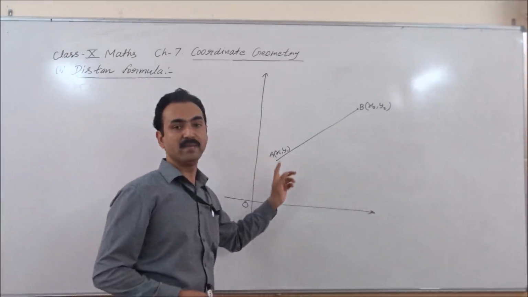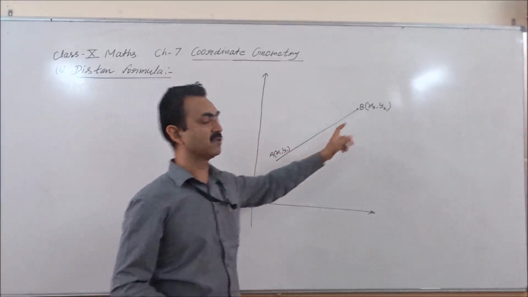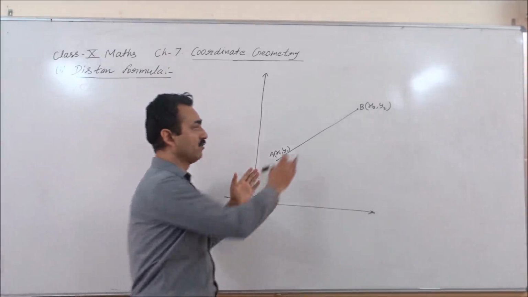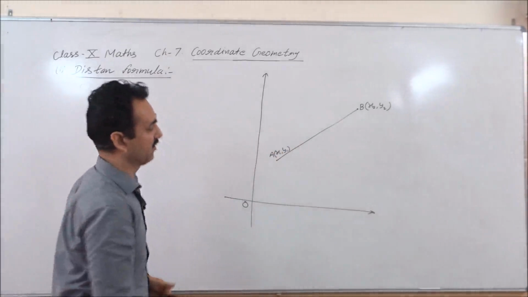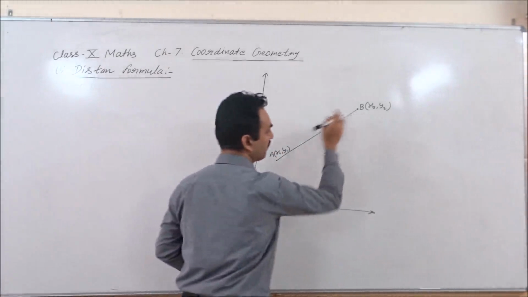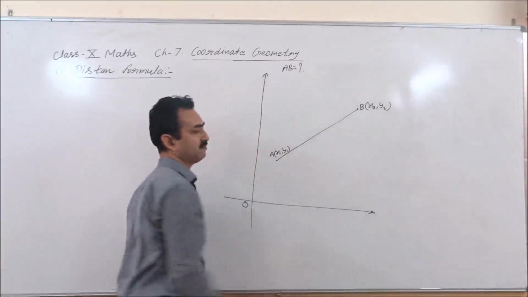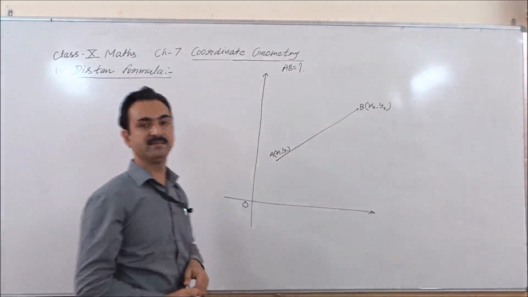This is the line segment, the first coordinate is A, x1, y1, and this is B, x2, y2. Now we have to find the length AB. So how can we find it?